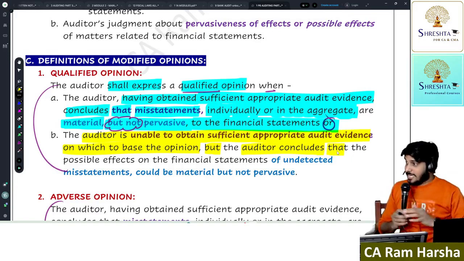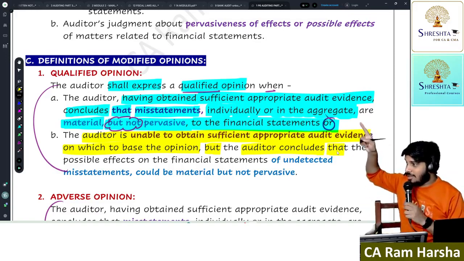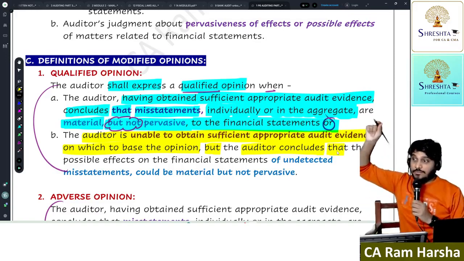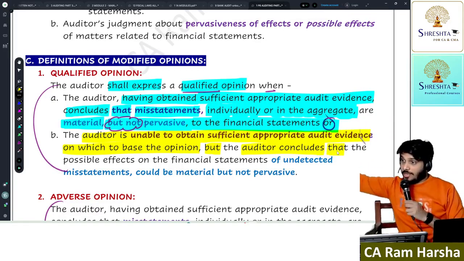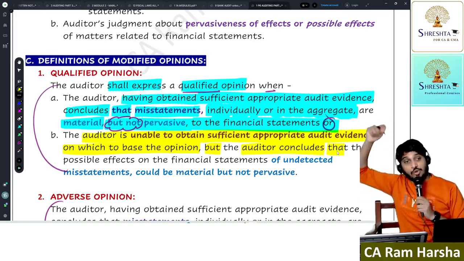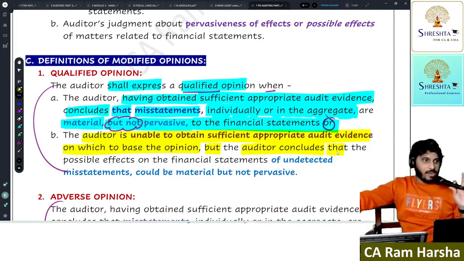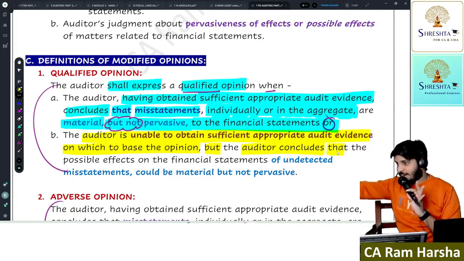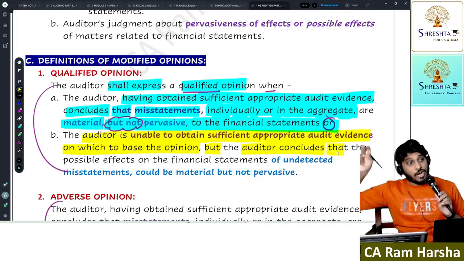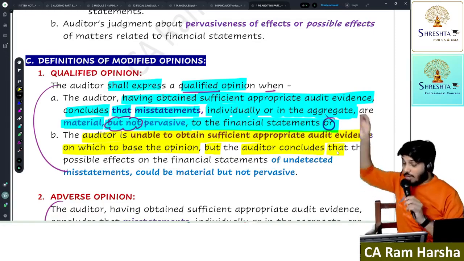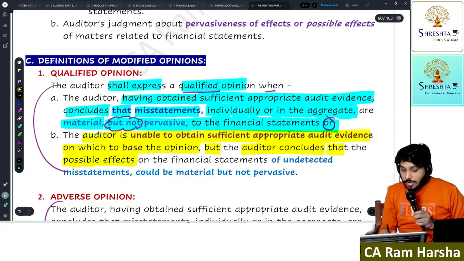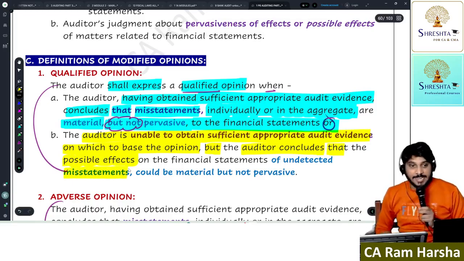I want to take the risk. But before I take the risk, I need to calculate the risk, no? Tomorrow, what if this 1 crore is actually a fraud? I just look at the effect tomorrow. Right now, I don't know. Is it fraud? Is it true and fair? I don't know. I don't have evidence. But what if tomorrow it is a fraud, what is the possible effect? What is the possible effect of misstatement?